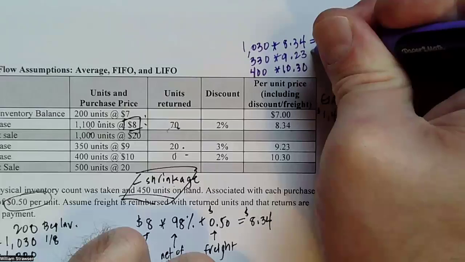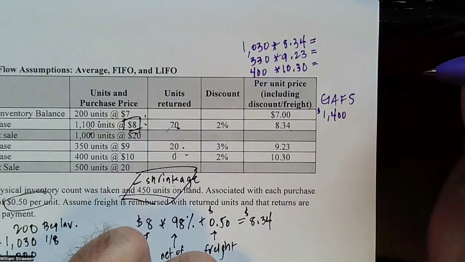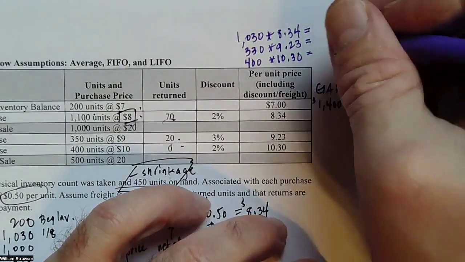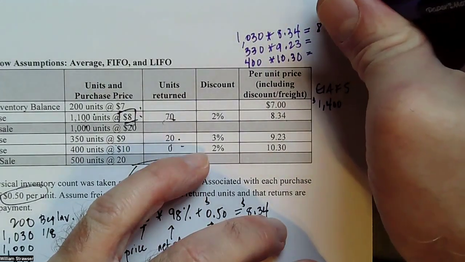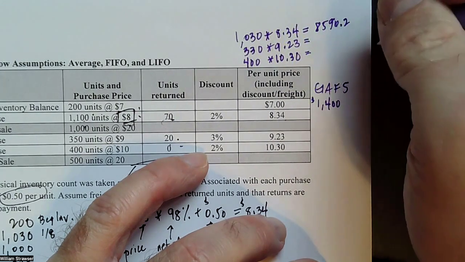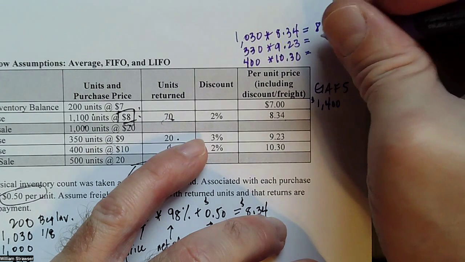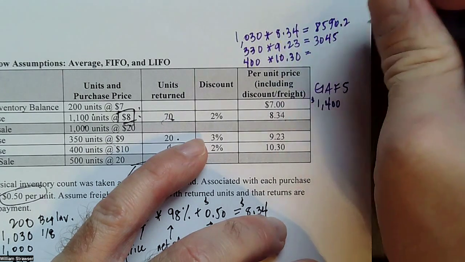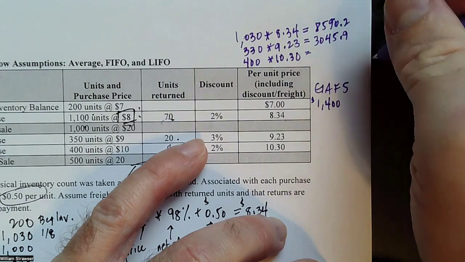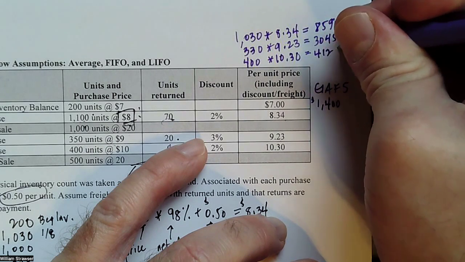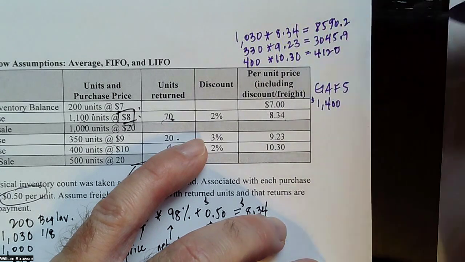So I take all of these, the products of these, and we get $8,590.20 for the first calculation, $3,045.90 for the second, and then $4,120 for the third.